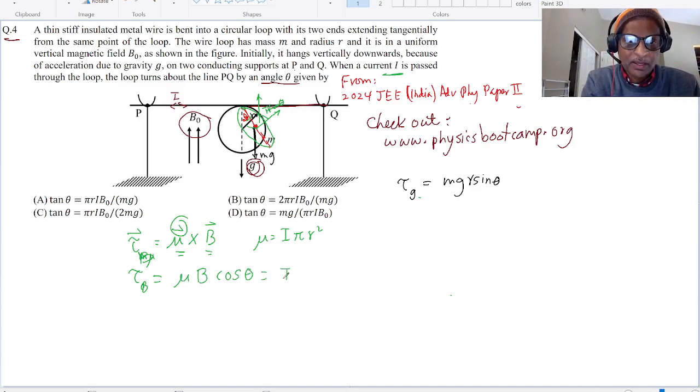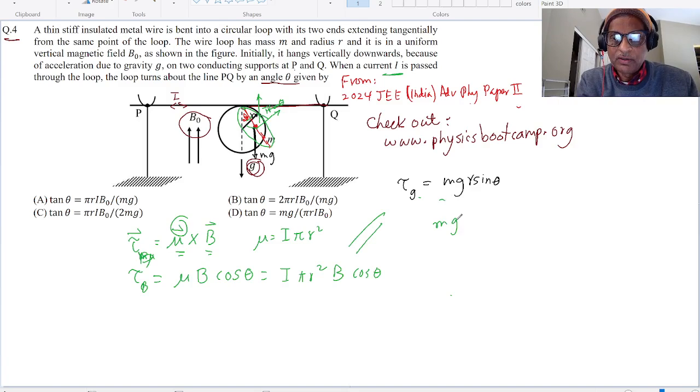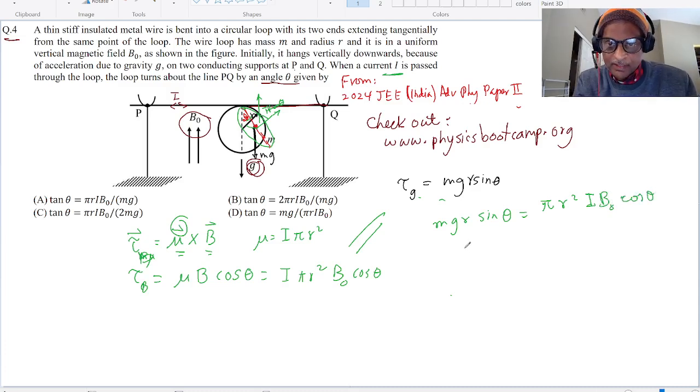That is the magnitude of the torque from B, which is I pi r squared B cosine theta, and they are going to be equal to each other. So mg r sine theta equals pi r squared I, B is B0 here, B0 cosine theta.